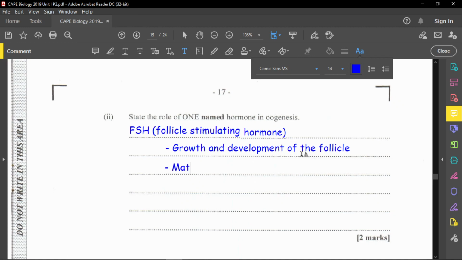So it also helps with the maturing of the primary oocyte. Very important for that. Also, we have LH. At the end of this, I'm going to outline a few things that you should know as well. LH is luteinizing hormone.